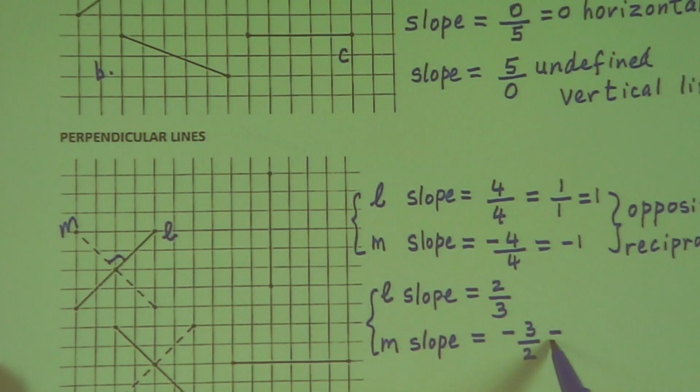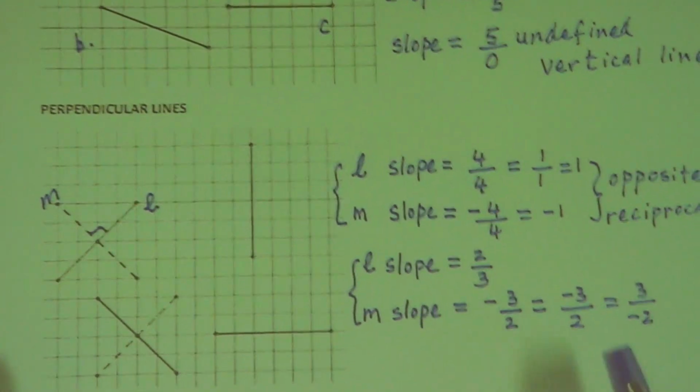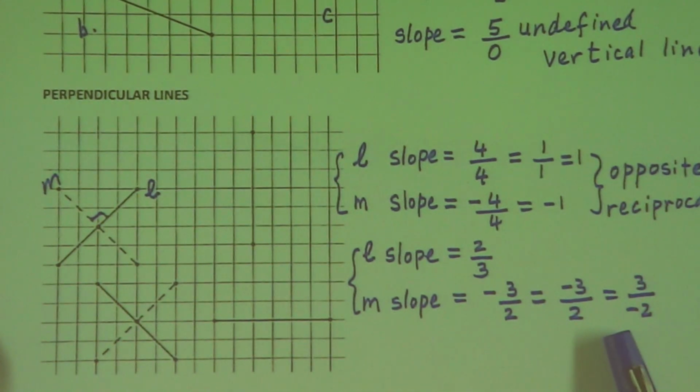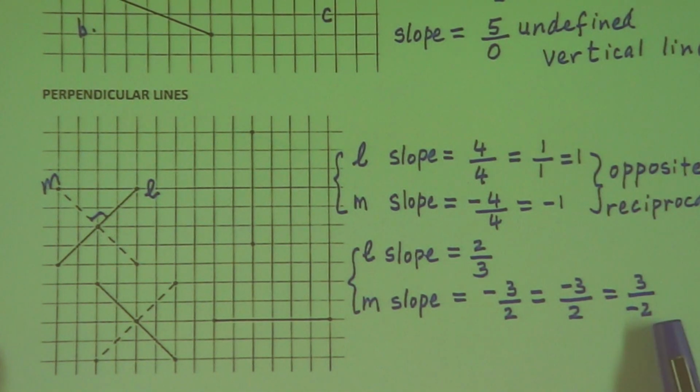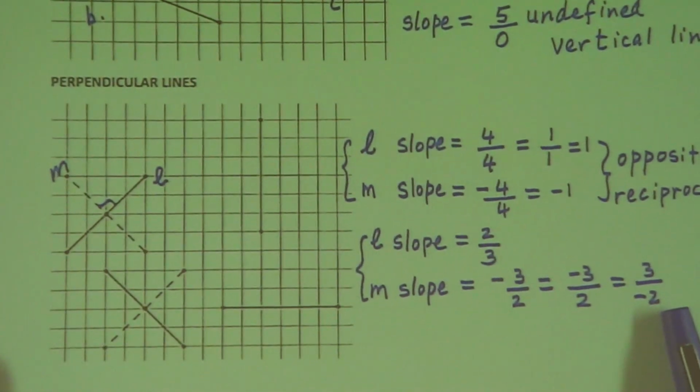Now you can write this in different ways, negative 3/2 or 3/-2. And you're going to find later in the chapter that these have different meanings. They're numerically equal, but different meanings.